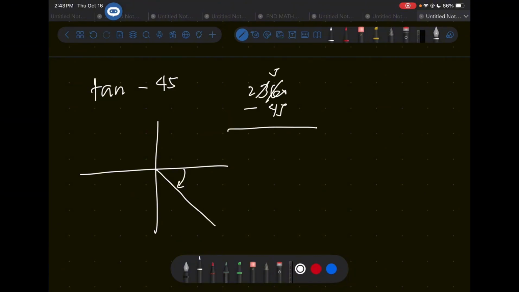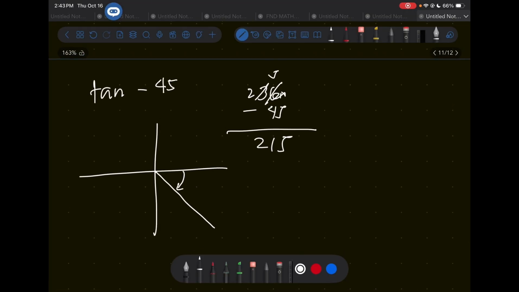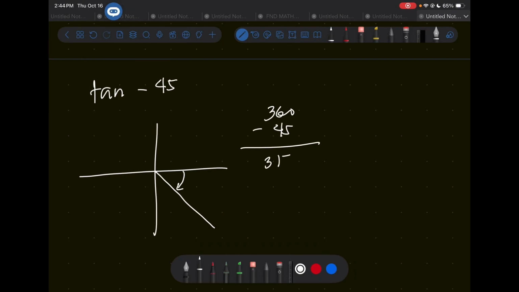So it's 360 minus 45, 315. My bad, that's why I got puzzled. 360 minus 45, it's gonna be 315.